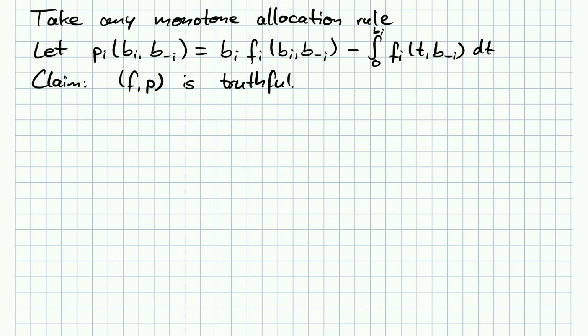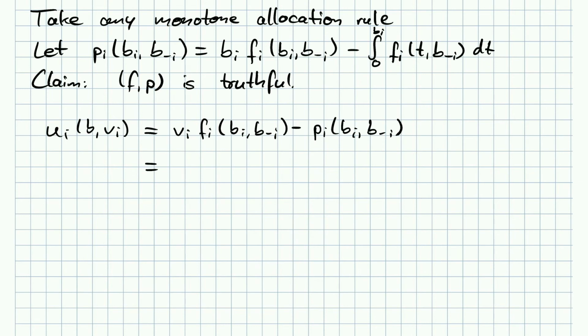Why is that? First thing that we observe is that ui of b comma vi, so what will be my utility if I bid bi, the others bid b minus I, and my value is vi, then this will be vi times fi of bi comma b minus I minus pi of bi comma b minus I. And now, if we combine this, then what we're seeing here is that this is vi minus bi times fi of bi comma b minus I plus this integral.